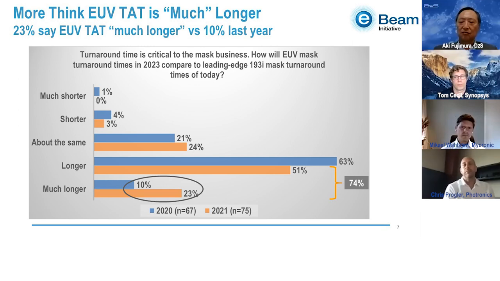An EUV mask really needs to be inspected on 6 sides now. The top, the pattern side, the back side, extremely important on EUV because of contamination, a whole bunch of issues. And then the sides of the mask need to get inspected because there's flaking problems from the multi-layer, all kinds of things. So that's one step that's gone from incoming blank, relatively straightforward, to now a very, very complex process. So that has to get improved.